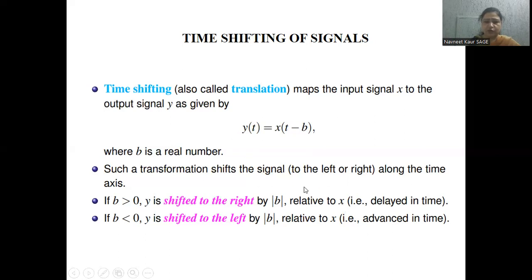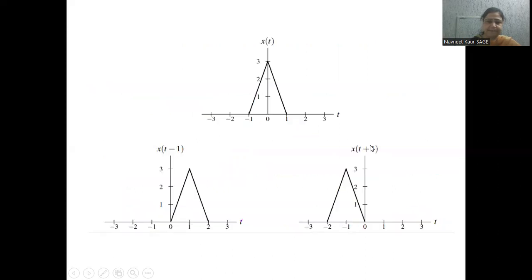It is also known as time delay of the signal x. Whereas when b is less than 0, y is shifted to the left by magnitude b relative to x. In this case, the signal is known as time advanced version of signal x(t).